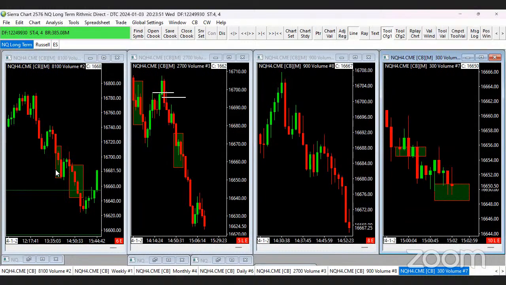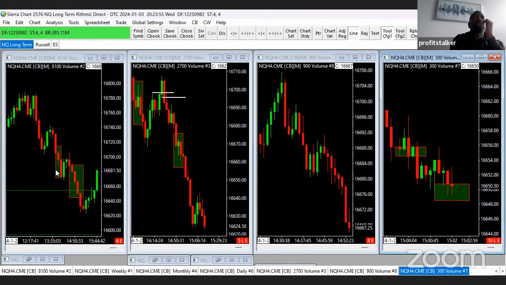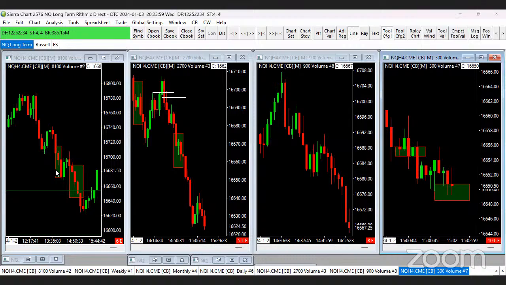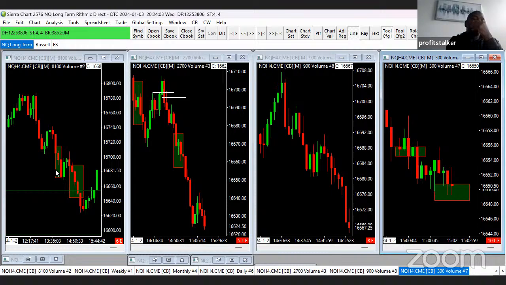So all of the charts that we use are volume charts. Everybody in the world uses time charts, right? As a former professional trader, I know for a fact that price and volume rules in the market. The only thing I really want to see is price and volume.